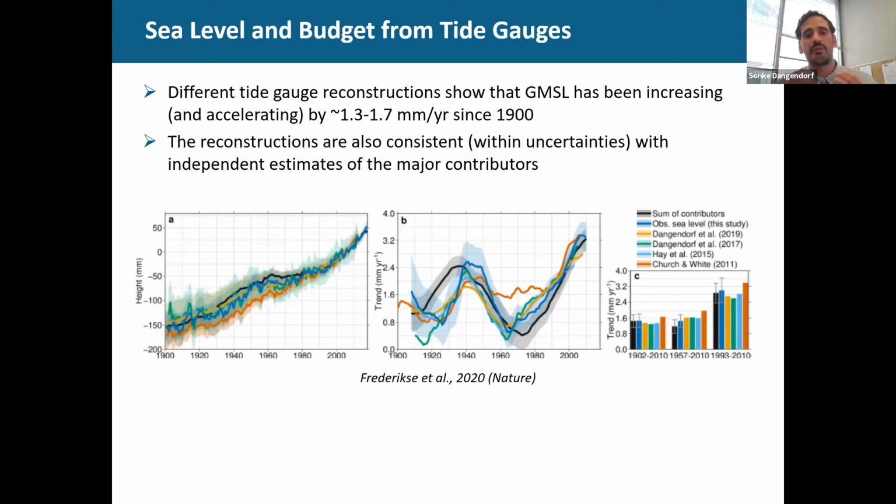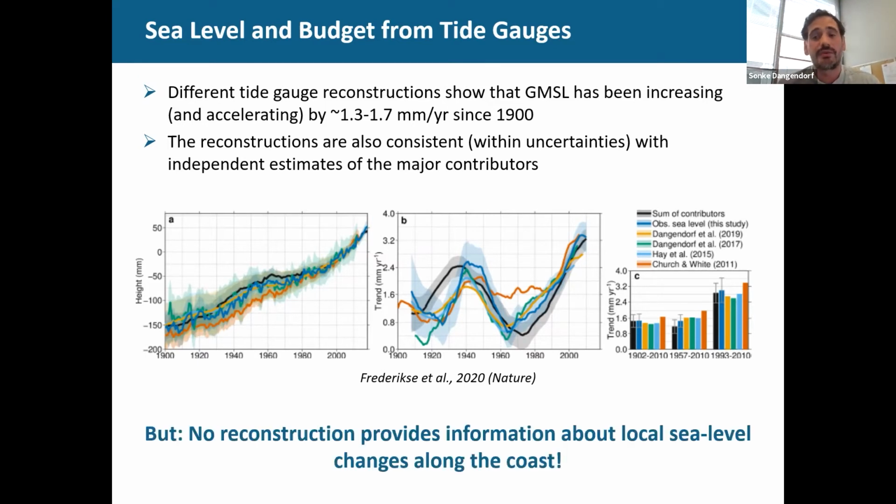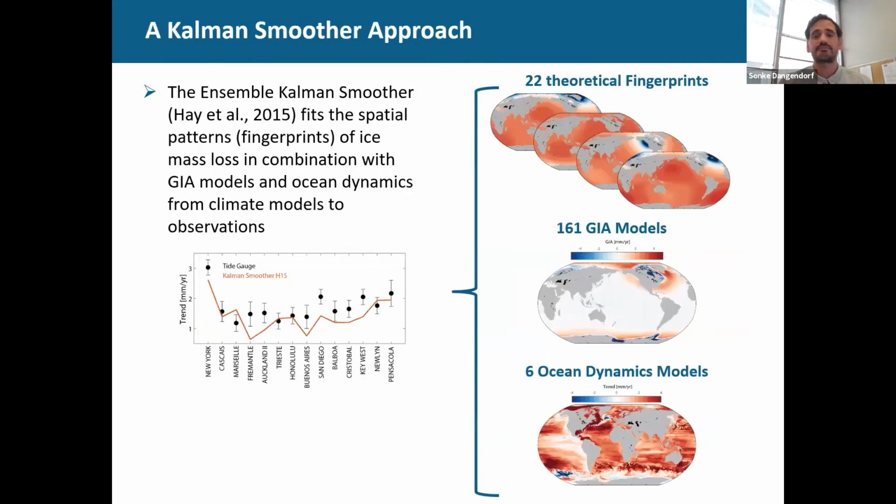So while we can close that budget for global mean sea level nowadays since 1900, we can't solve sea level budgets along the coast where sea level matters the most. And of these reconstructions shown here, there's no reconstruction actually providing regional fields of sea level change, local sea level change, plus the individual contributions. And that's something that I want to tackle today.